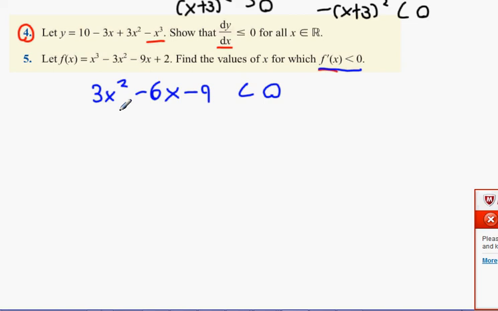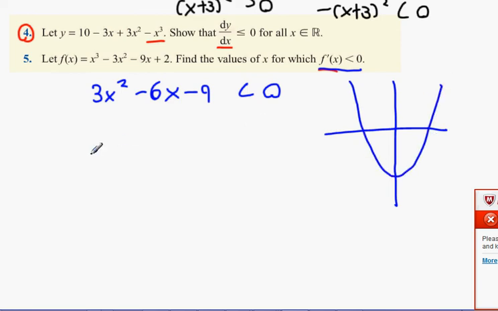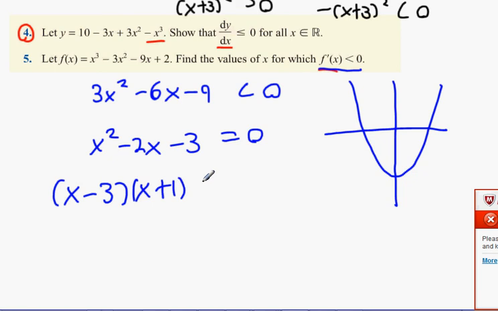Now, what type of shape is the function? If I was to draw it, what type of shape is it? U-shaped. Okay? If I solve it equal to 0, you're going to get x squared minus 2x minus 3. I'm going to pretend it's equal to 0 for a start. And then I'm going to get x minus 3, x plus 1 equals 0, x equals 3, x equals minus 1. That one there is minus 1, that one there is 3. Am I looking for this graph to be smaller than 0 or bigger than 0?